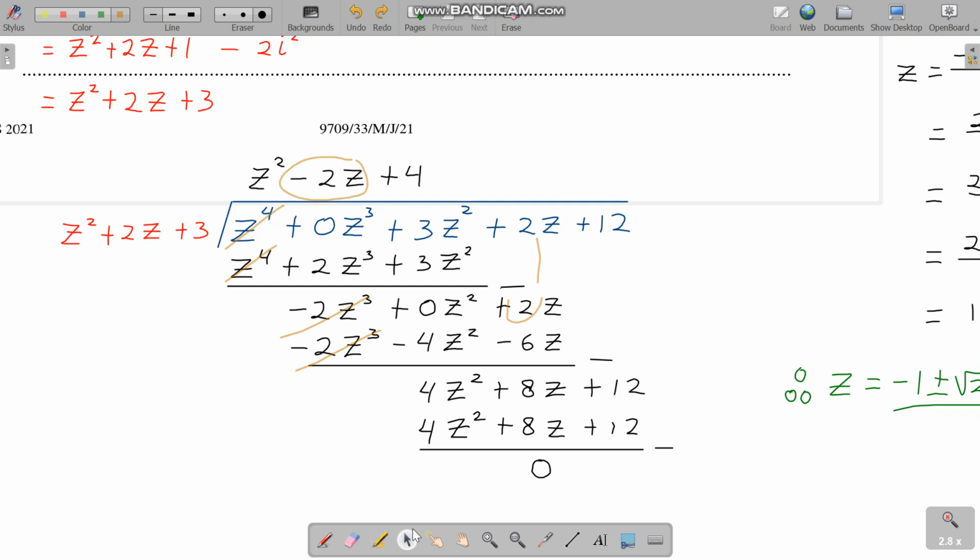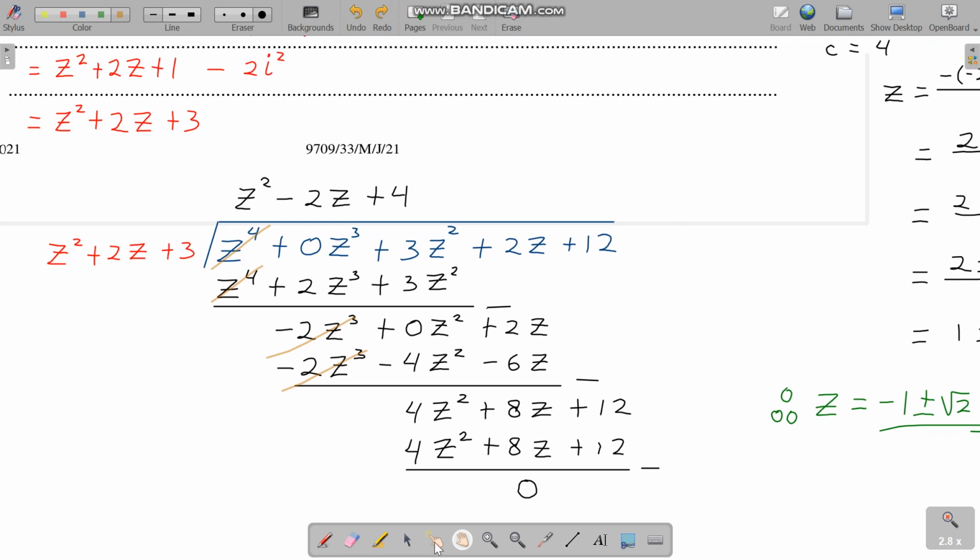So now we have plus 4 here, so plus 4 times z squared, we get 4z squared, plus 4 times 2z, 8z, plus 4 times 3, plus 12. So we subtract again, cancel out everything, so we have 0 only here because it's a factor, so the remainder is supposed to be 0.